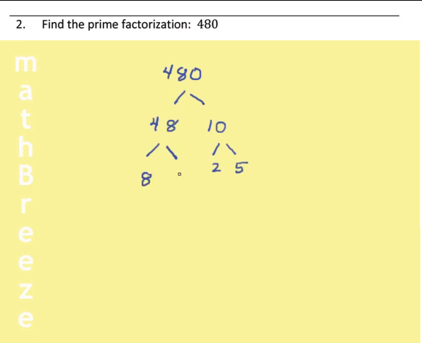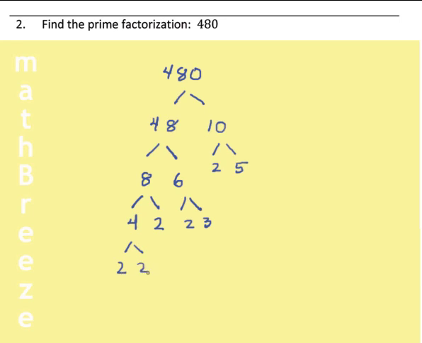All right, let's say, or 8 times 6. And 8 is 4 times 2, 6 is 2 times 3. All right, here, 5 is a prime, 2 is a prime, 3 is a prime, 2 is a prime, 2 is a prime, 4 is 2 times 2.